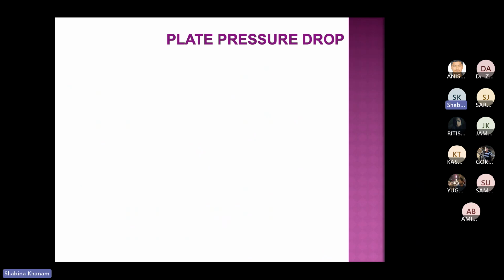Apart from the diameter of the column, we have all the parameters which we calculate location wise. The column diameter should be calculated for both the location above the feed and below the feed, and then we can choose the higher one. All these will be more clear when we solve a few examples.